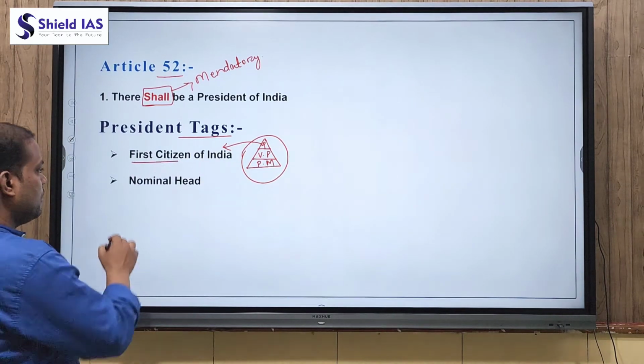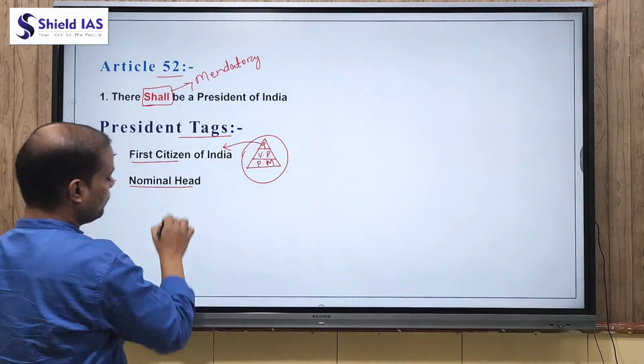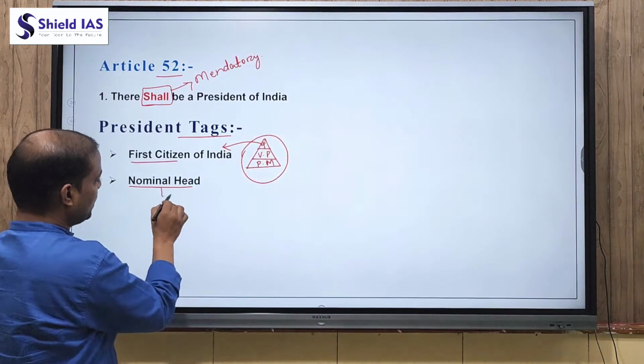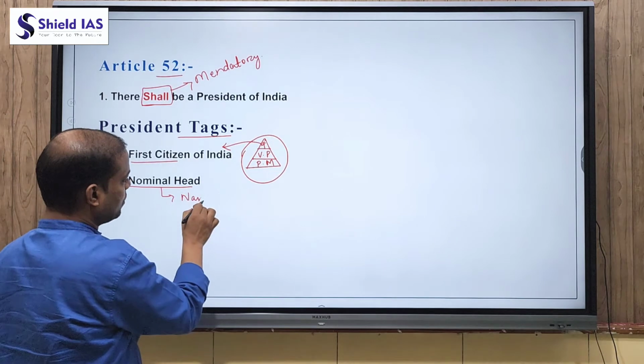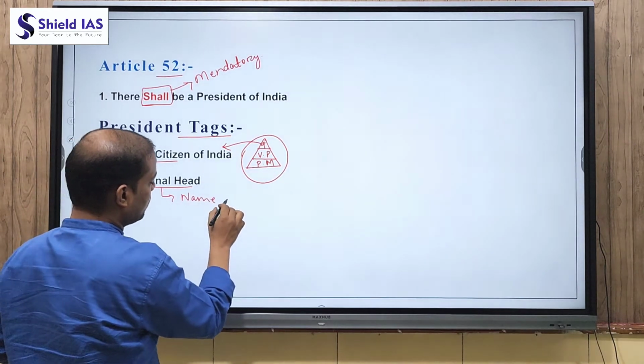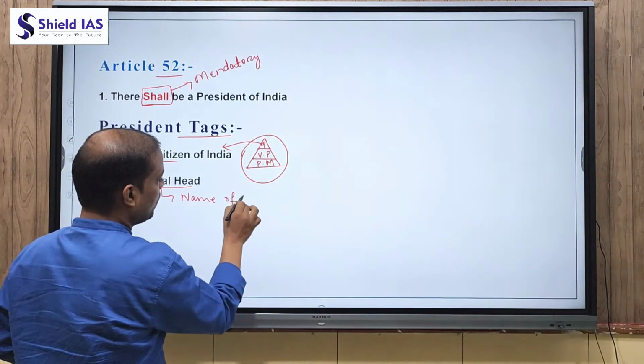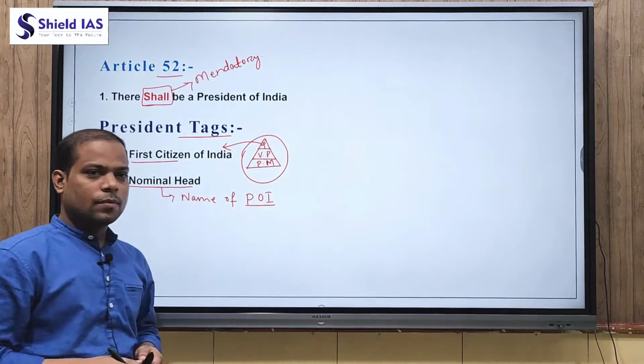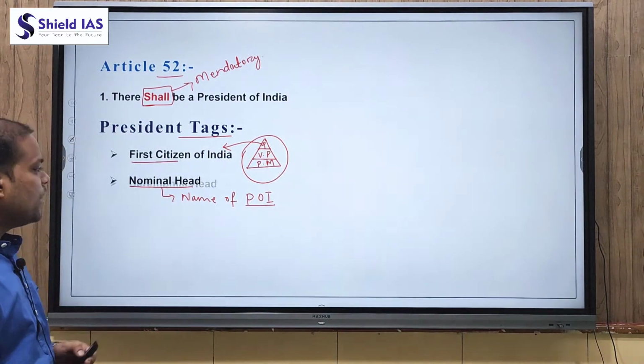The second name is nominal head. Why nominal head? Because all executive actions are taken by the prime minister in the name of the President of India. Therefore the president is known as the nominal head.